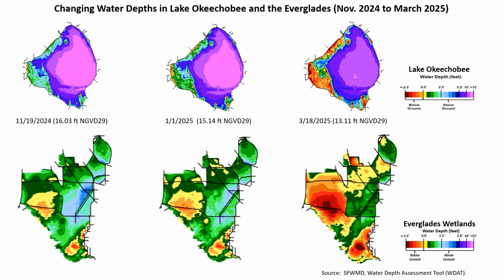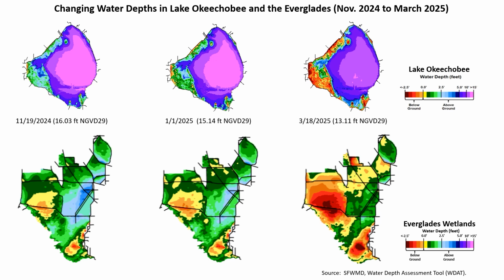By January 2025, center maps, Lake Okeechobee littoral zone was beginning to dry down, and high water conditions in the water conservation areas were receding, but surface water flow connections were still intact. By March 2025, the right maps, nearly all of Lake Okeechobee littoral zone had dried down.